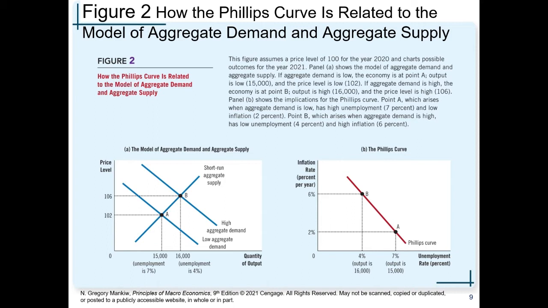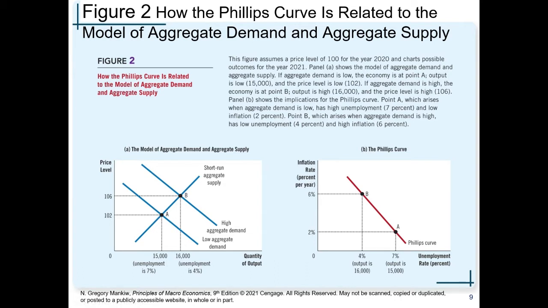We can see that with the AD and the AS, we have two possibilities, right? We have low aggregate demand or high aggregate demand. If it's high aggregate demand, we're at point B, and if it's low aggregate demand, we'll be at point A.